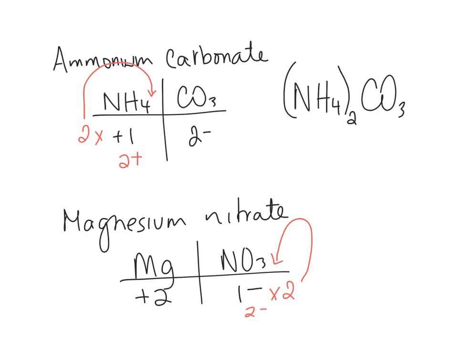This becomes our multiplier. So our formula becomes Mg, and there's 2 NO3s, so you put it in brackets, and the subscript 2, because I need 2 nitrates for each 1 magnesium. So always the polyatomic ion goes in brackets if it has a subscript.